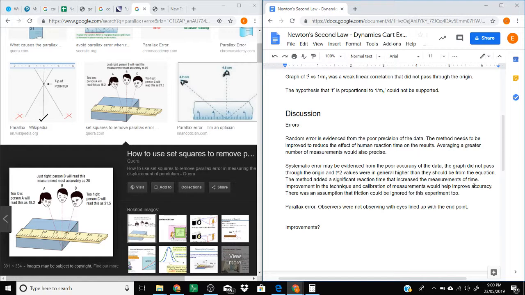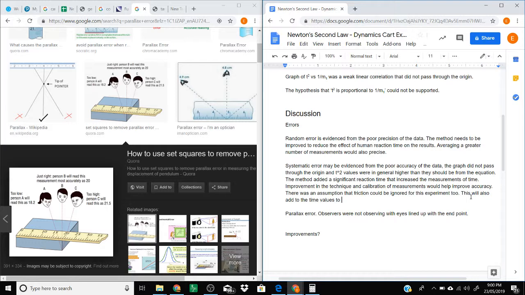There we go. That's better. All right. Okay, and I should say this will also add to the time values. Yeah, so the idea is that in reality friction would increase the time.